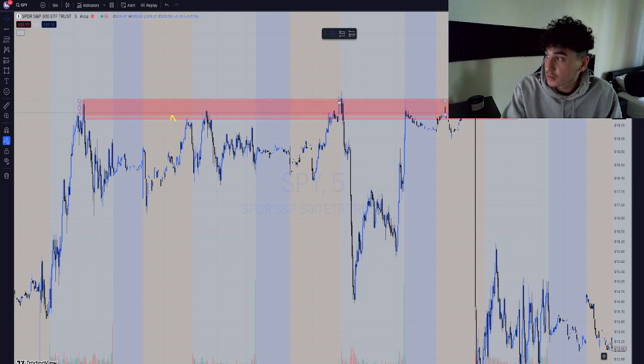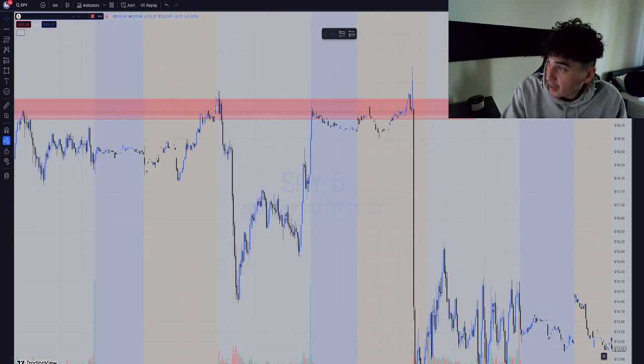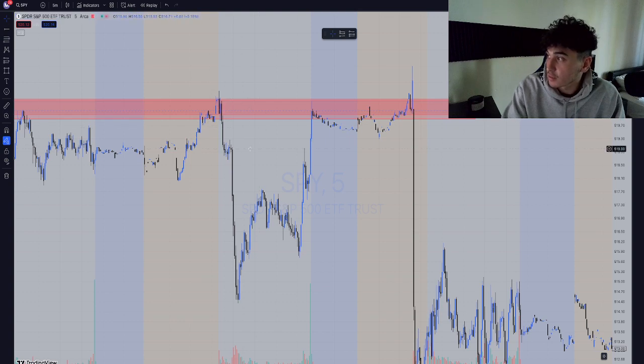You can see it wanted to break above, but initially those sellers did not want to give up this level. Sellers stepped in massively, and we had a very strong push to the downside. You guys can obviously see all the way from 520 down to 514, a $6 move to the downside right off of this supply zone.